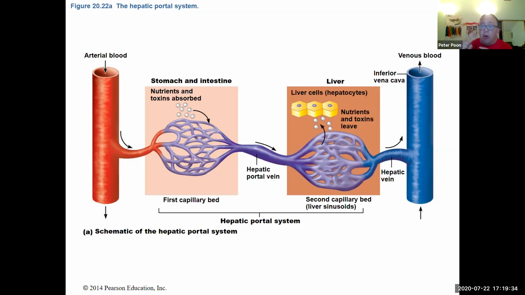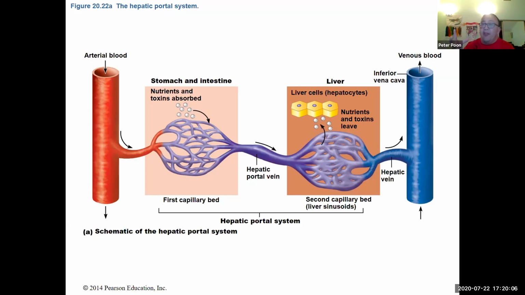The hepatic portal vein goes to the liver, and then the liver detoxifies everything. Then from the liver, it goes into the hepatic vein. After it goes to the hepatic vein, that means it's been cleaned by the liver already. So now the food is clean and I can send it everywhere I need it to go.